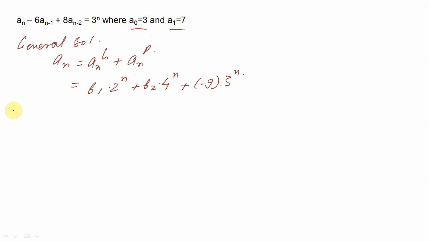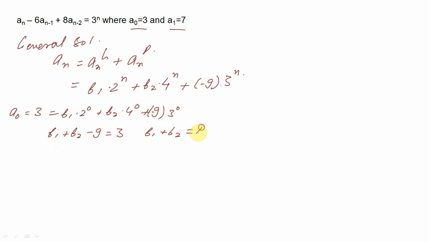Putting n is equal to 0, a0 is equal to 3, is equal to b1 into 2 to the power 0 plus b2 into 4 to the power 0 plus minus 9 into 3 to the power 0. So I get the equation b1 plus b2 minus 9 is equal to 3, or b1 plus b2 is equal to 12. This is the first equation, equation number 1.